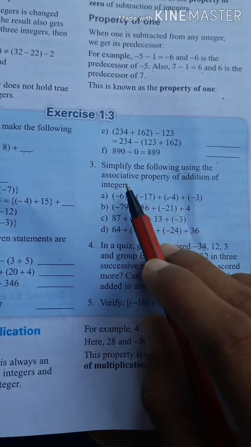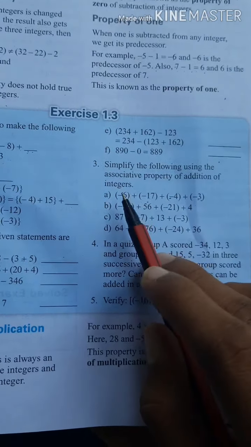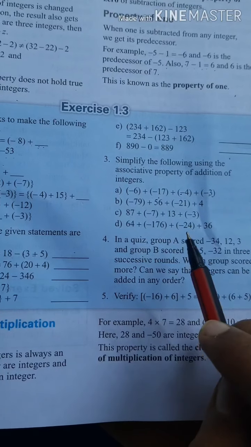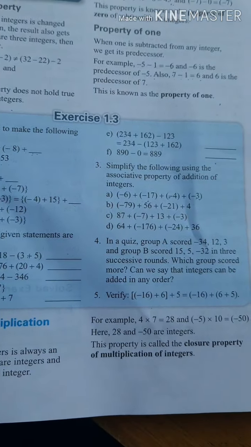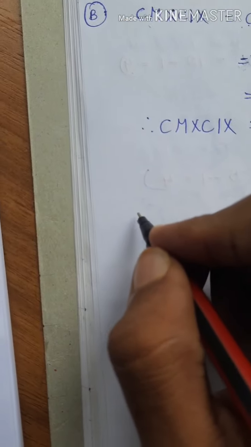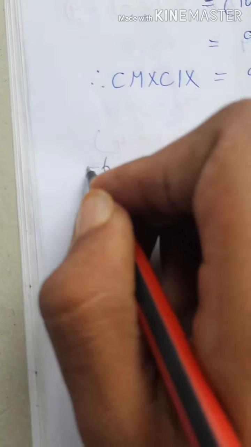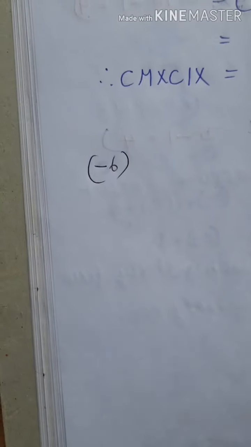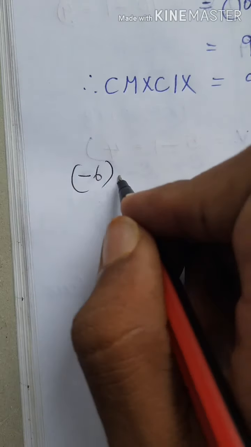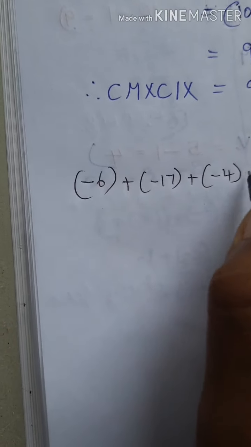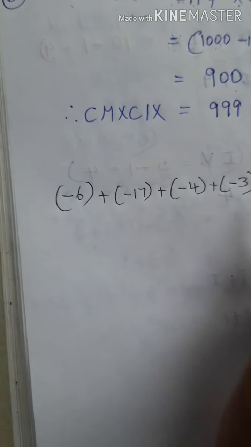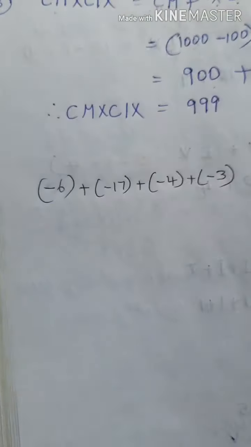Here see. Simplify the following using the associative property of addition of integers. So associative property of addition means what do I want to do? Suppose the question here is minus 6 plus minus 17 plus minus 4 plus minus 3.